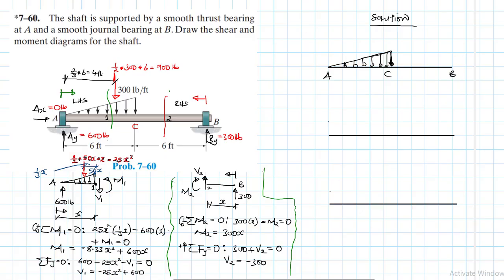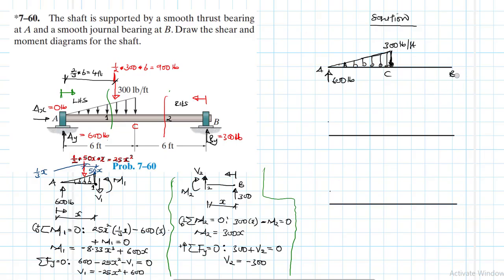And then at this point here, at C, this is a 300 pounds per feet. Okay. This is B. Then we have a reaction at this point here at A, which is equal to 600 pounds.